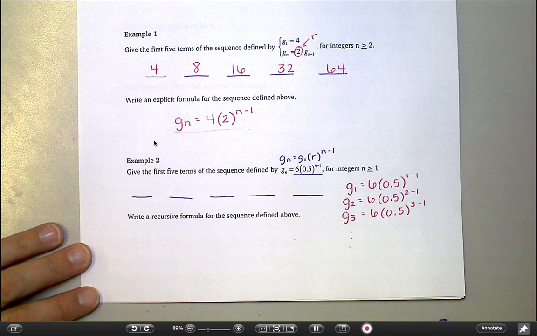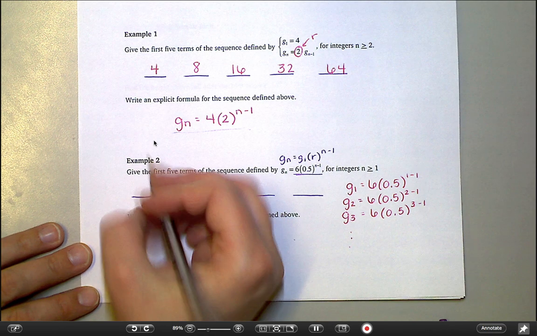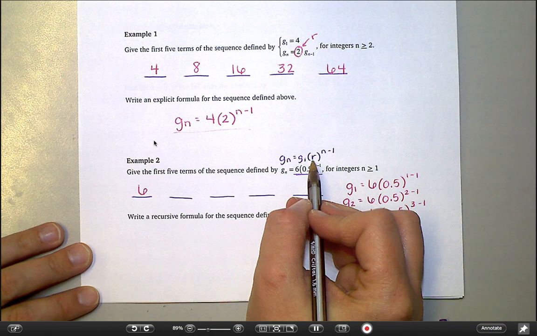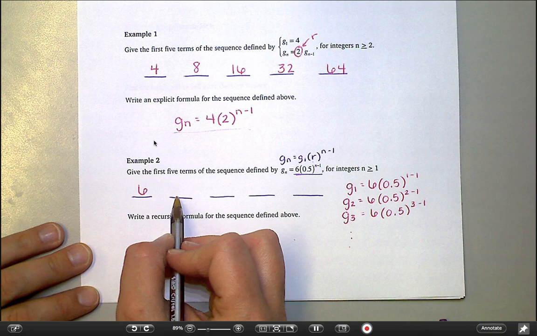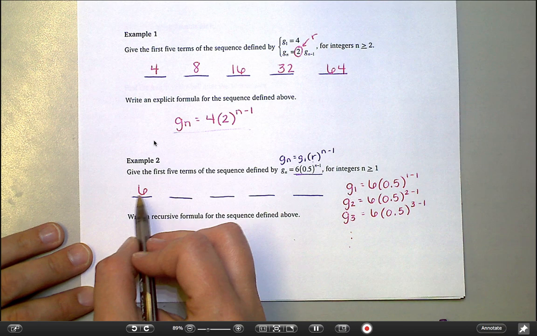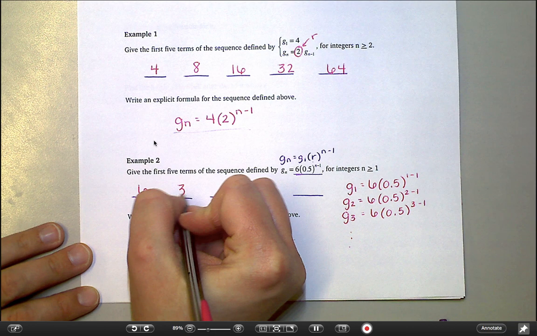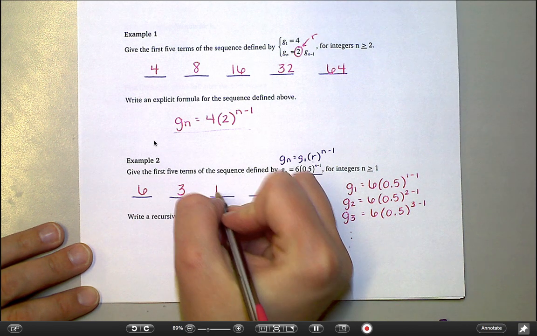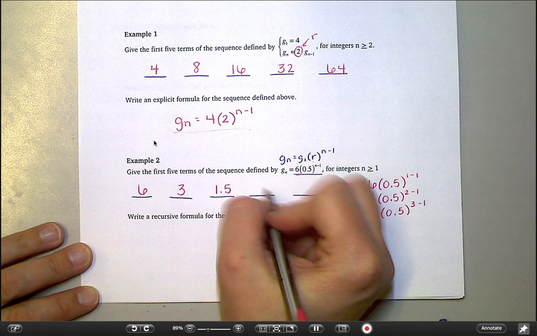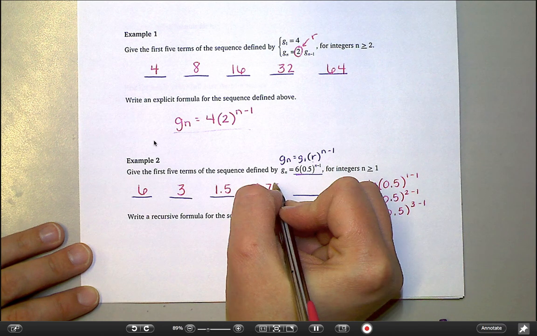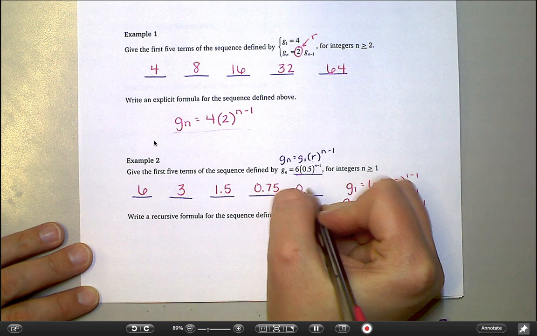So if we know what G1 is, which is 6, and then we know what our R is, that's what we're multiplying by to get from term to term. So here we would go 6 times 0.5 is 3, times 0.5 again, and we would get 1.5, and then 0.75, and then I believe this is 0.375.